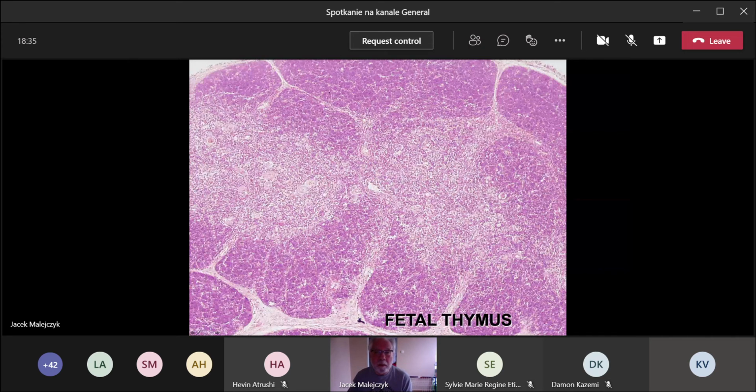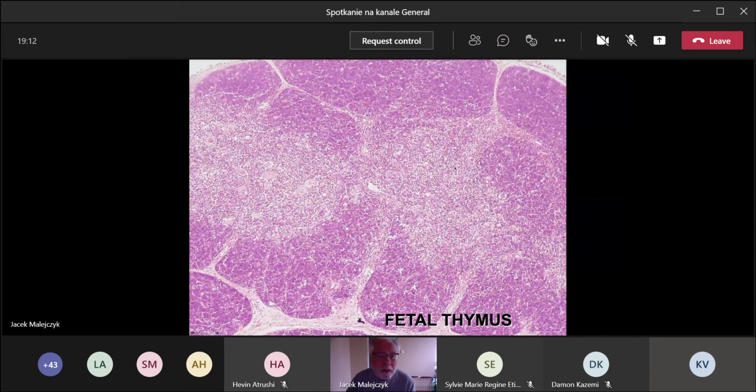The part which is responsible for multiplication of the cells and their maturation is the cortical part, whereas the medullary part serves first of all for the supply of the thymus with new incoming lymphocytes. And of course, this is also the place where these lymphocytes leave the thymus and go to the periphery.